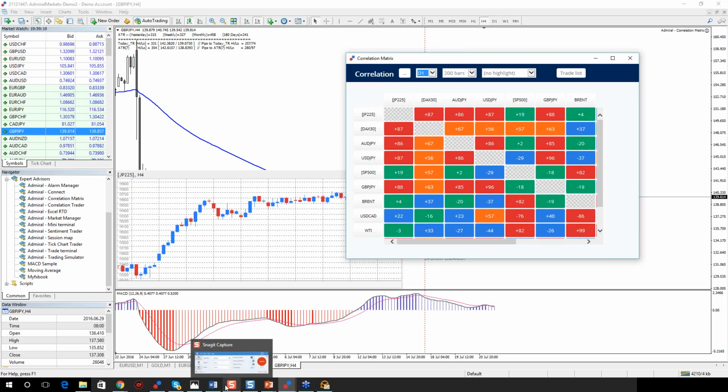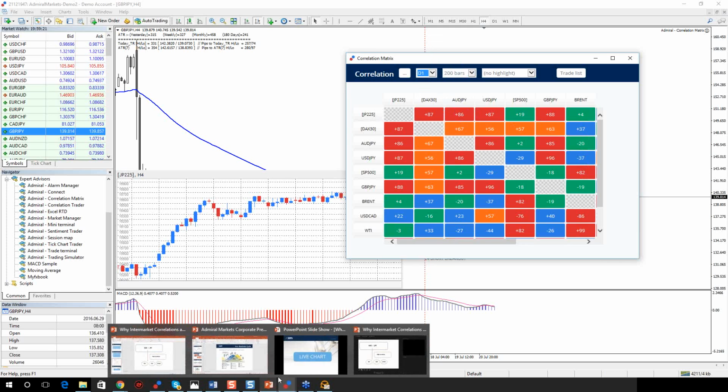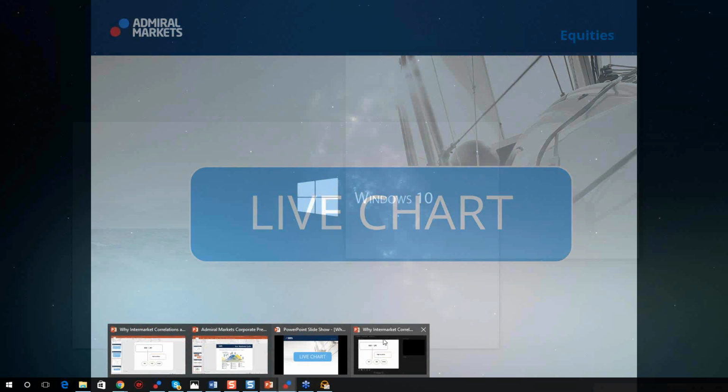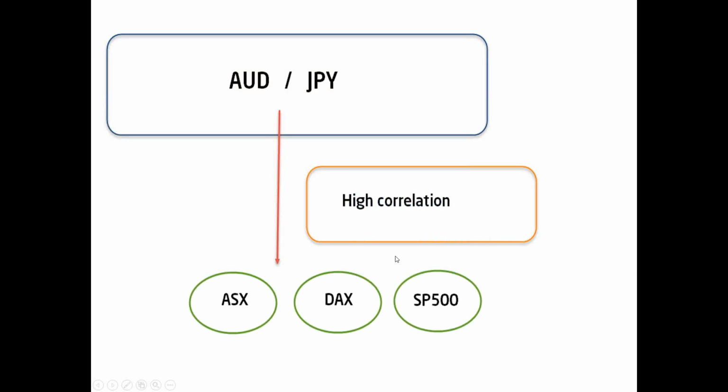Now that translates into this. Wait, let me find it. AUD/JPY, pound yen. I trade most of those two pairs. They can be traded by watching ASX, DAX, SP 500 and Japanese 225, that is Nikkei.